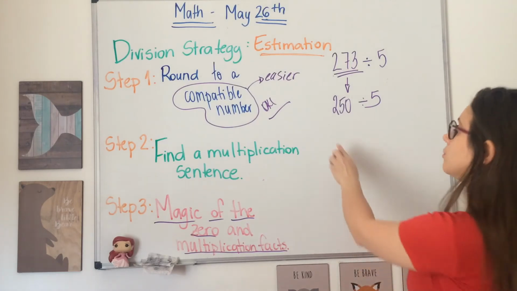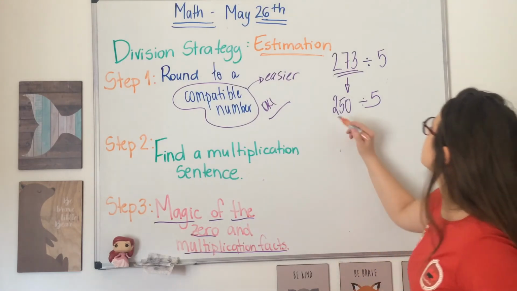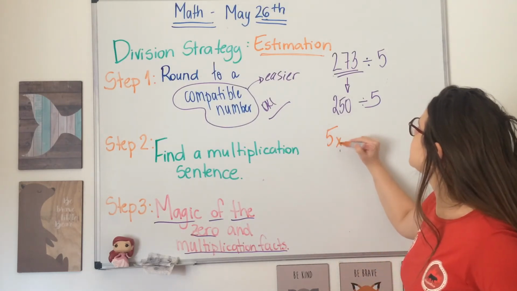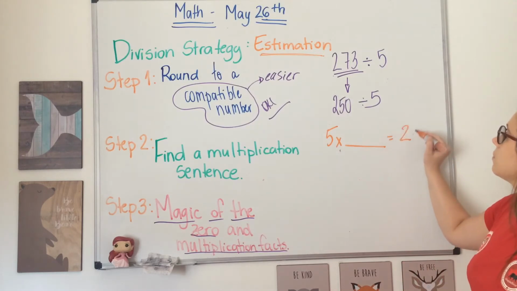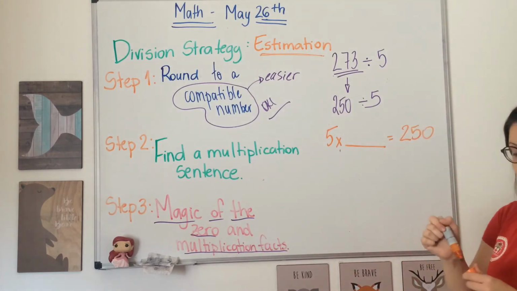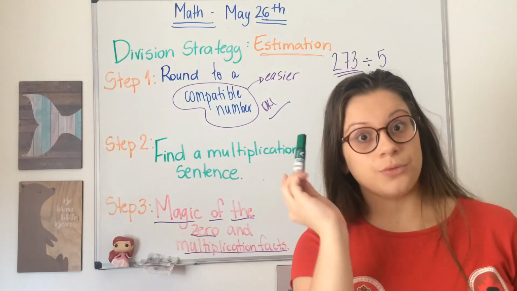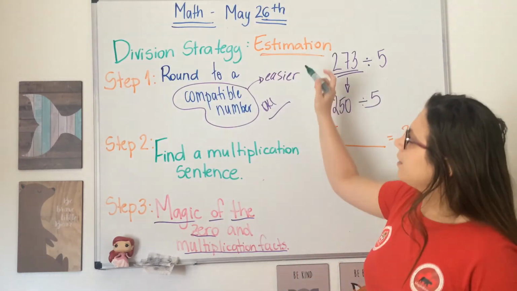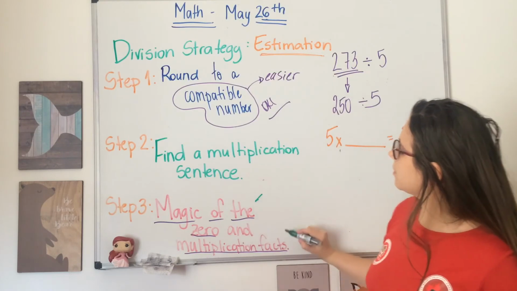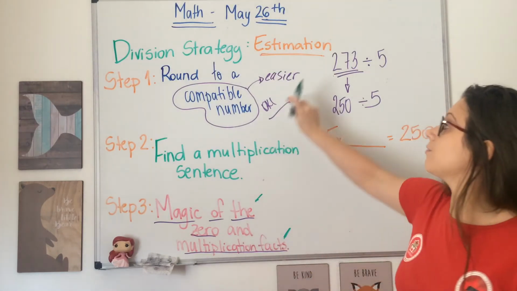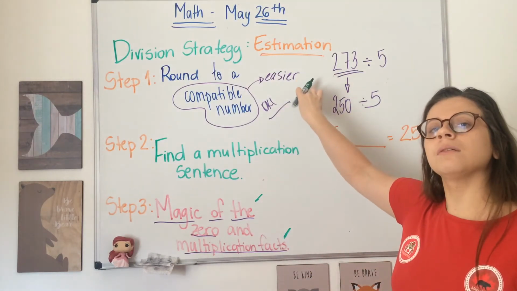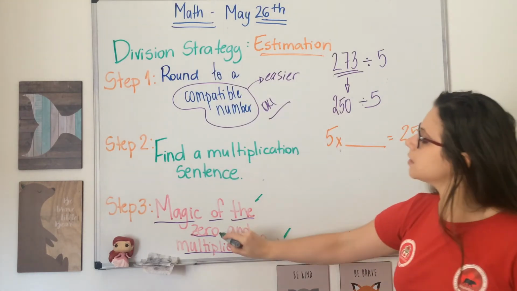Let's go to step 2, find the multiplication sentence. So I'm looking for 5 times blank equals 250. Now, as I am very smart and I know very good strategies, I thought about the magic of the zero and about the multiplication facts on step 1. So, look, magic of the zero.